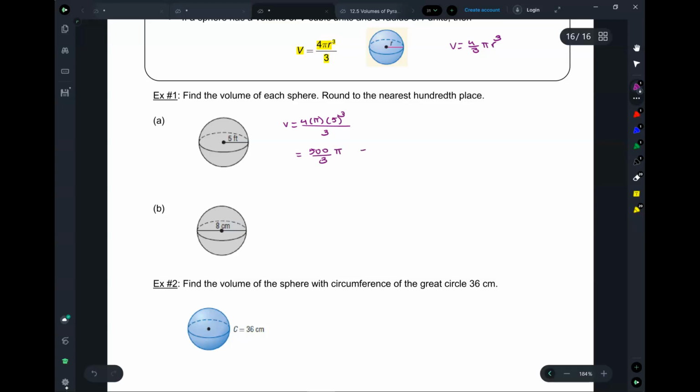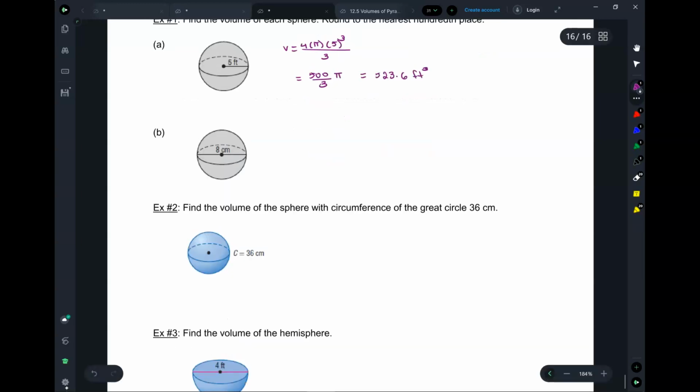And can someone tell me how much it would be rounded to one decimal place? 523.6 cubic feet. Okay? All right. So then take a minute and go ahead and do B.